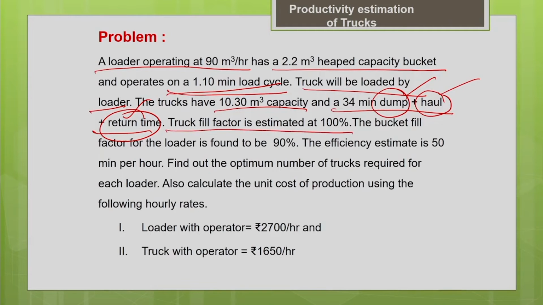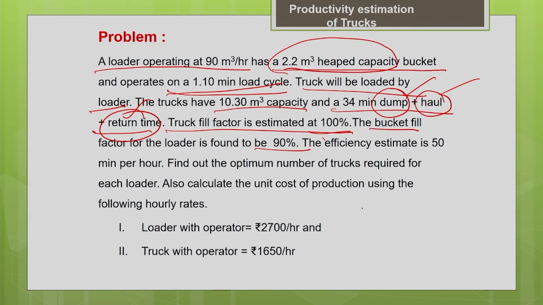Truck fill factor is estimated at 100%, based upon the filling ability of the material, but for the bucket it is given as 90%. So whatever rated heap capacity is given by the manufacturer, I have to adjust with the fill factor.